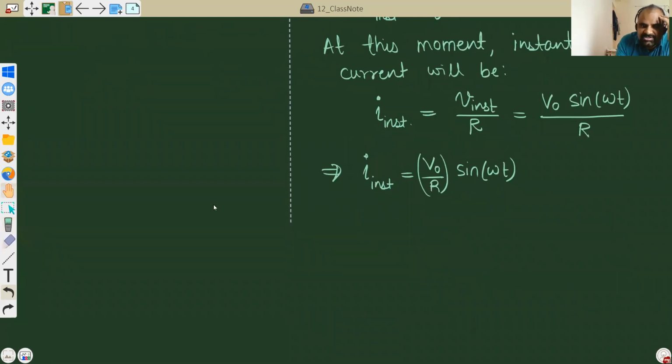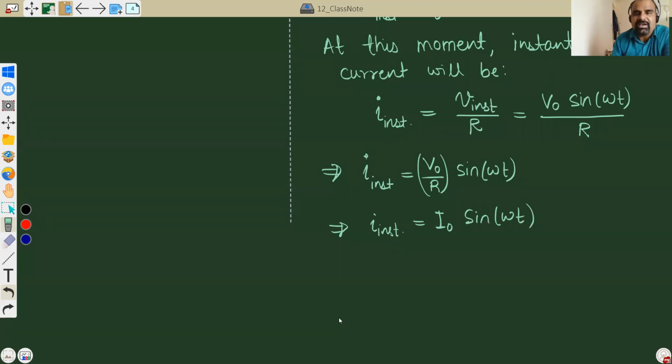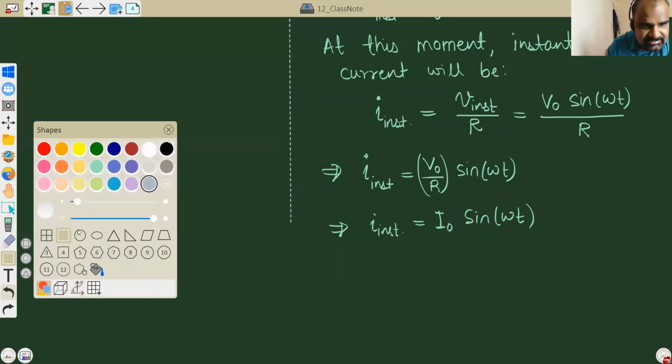Now this V naught by resistance can also be written as capital I naught, which is called peak current, maximum current, sine omega t. Now here, if we draw graph, so this will be the instantaneous current.